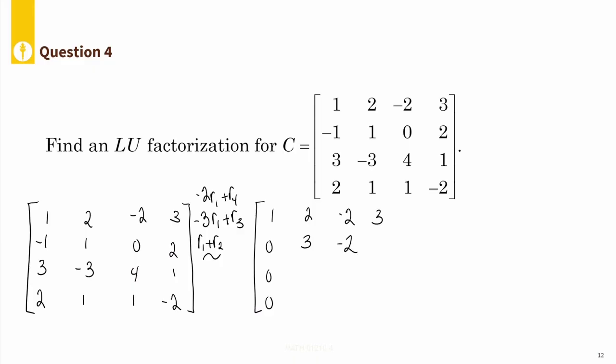Negative 2 and 0. 3 and 2. Negative 6 minus 3. That's nice. 6 and 4. Negative 9 and 1. Negative 4 and 1. 4 and 1. Negative 6 and negative 2.